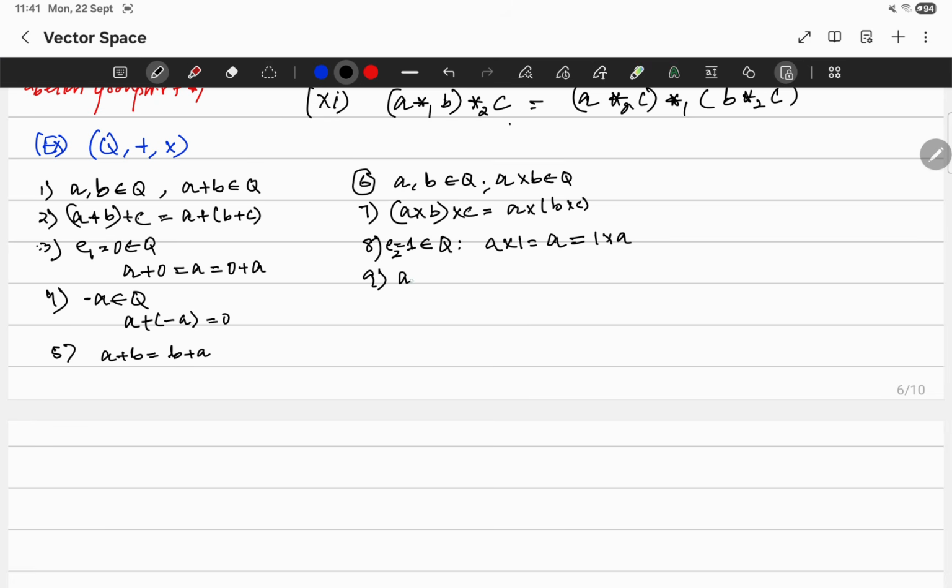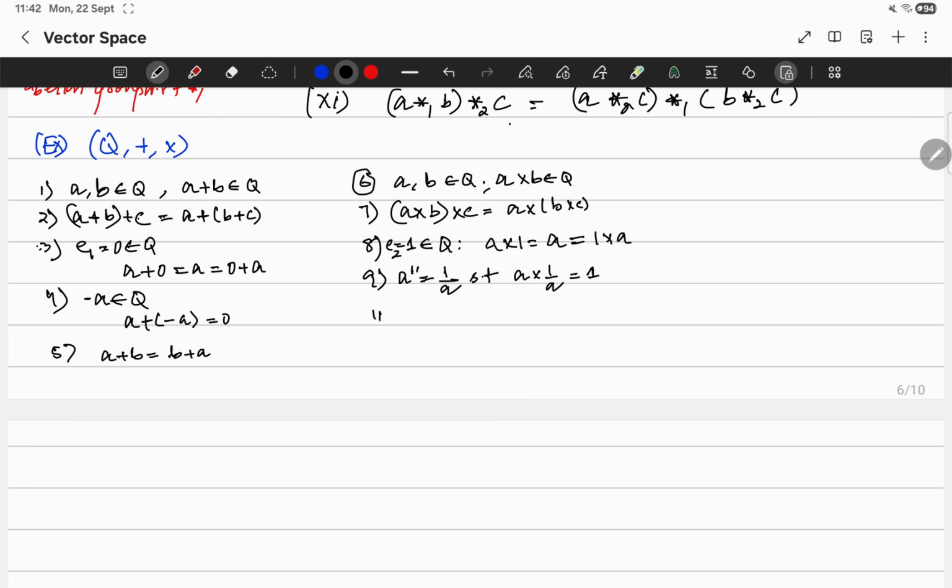The a double prime, which you get here as 1 by a, is such that a times 1 by a will give you 1 itself.